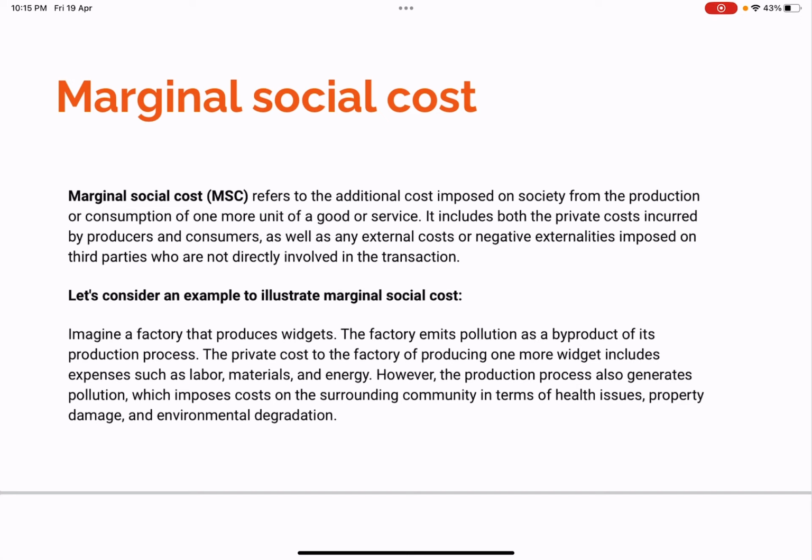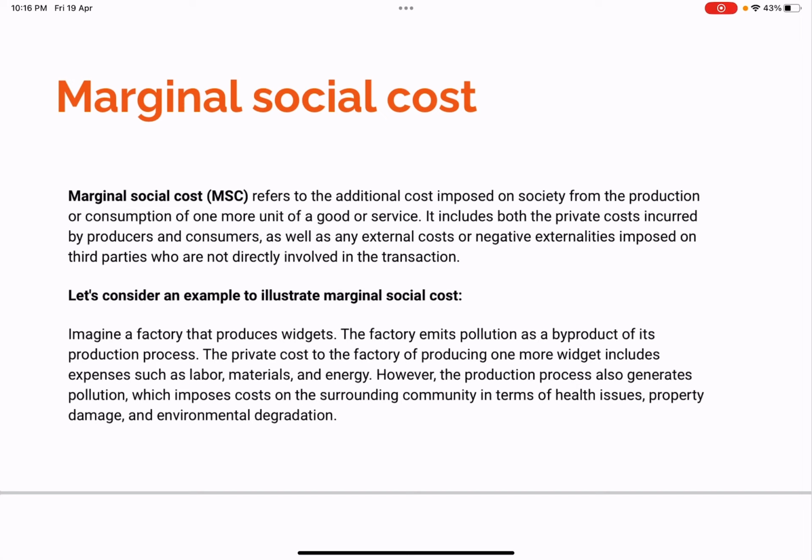This could come from the production of one unit of some good or service, or from the consumption of one more unit of a good or a service. So both goods and services are considered here as products.